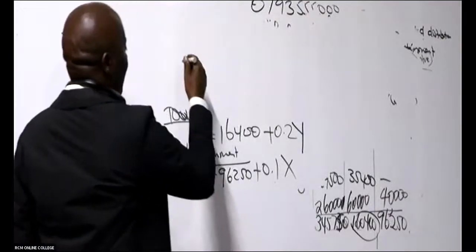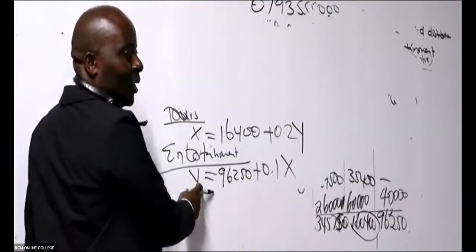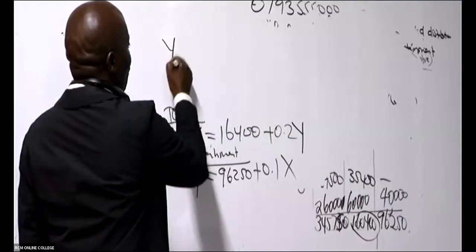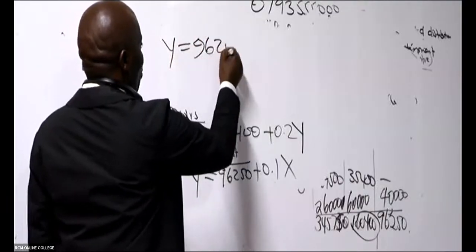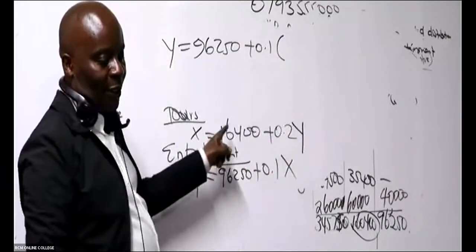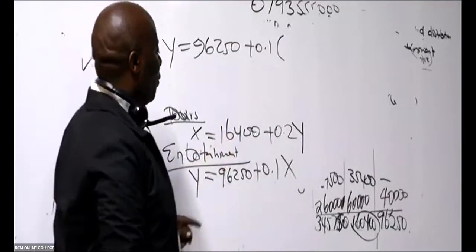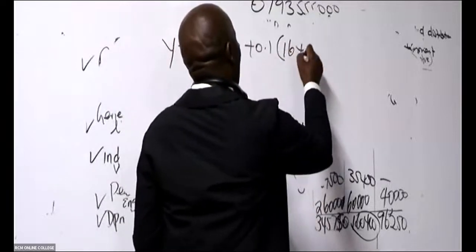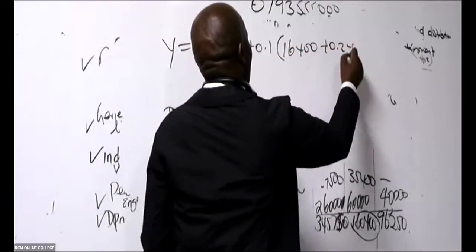In the second equation, we are saying that Y equals 96,250 plus 0.1X. And X is 160,400 plus 0.2Y.